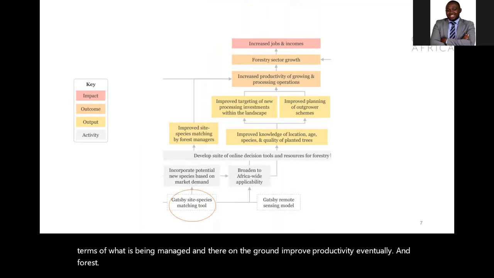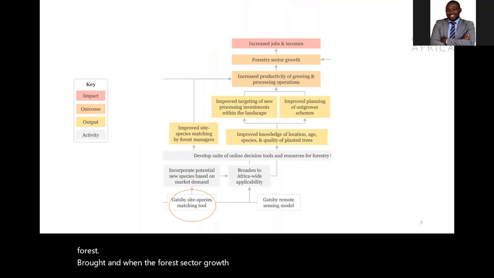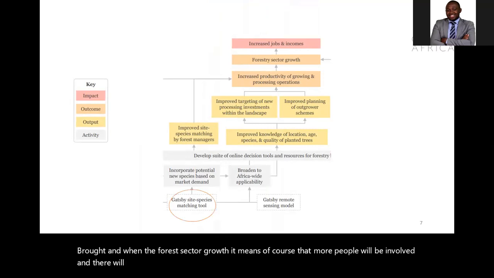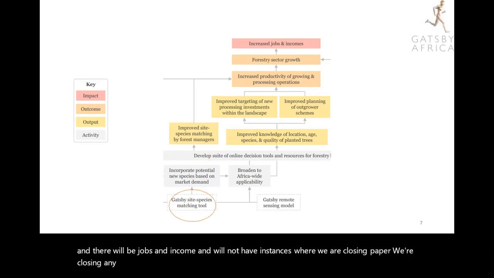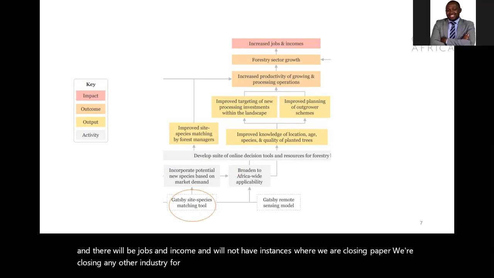And with forest sector growth, it means more people will be involved, and there will be jobs and income, and we will not have instances where we are closing Pan Paper, or closing any other industry for that matter.